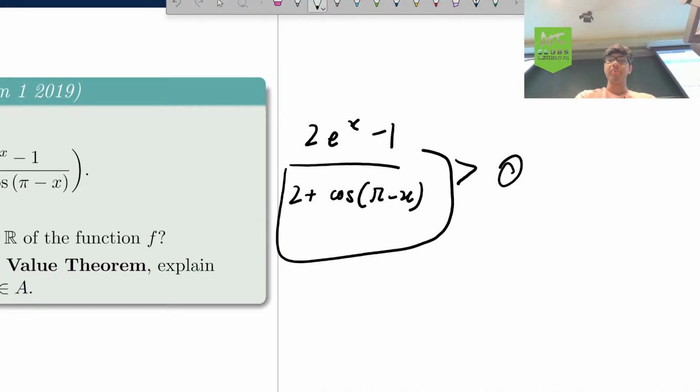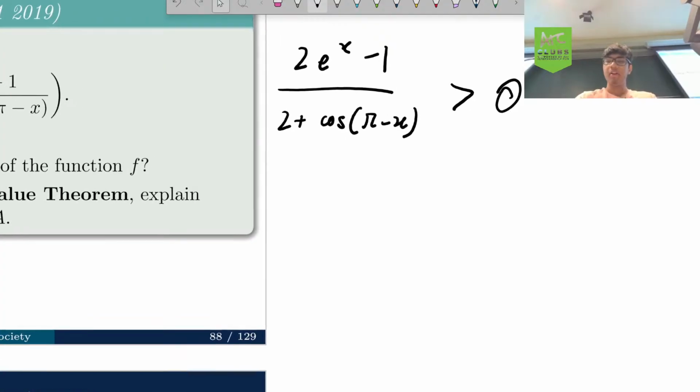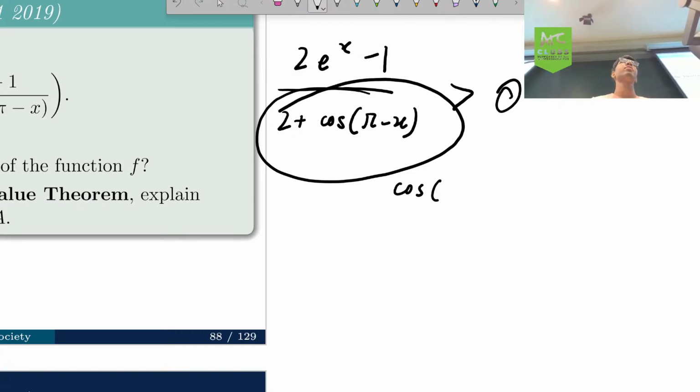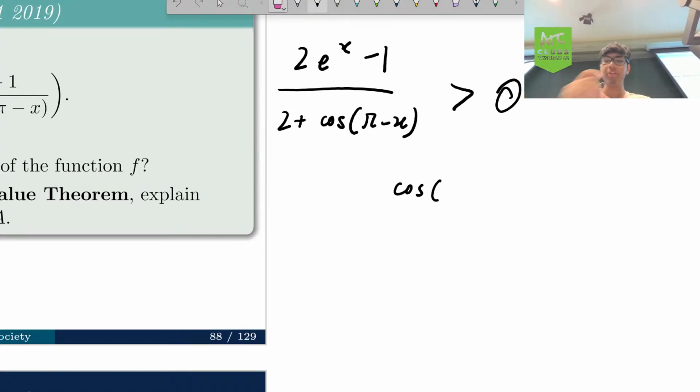So do I have to flip the sign here? Let's see. The only time I have to flip the sign is if this denominator was negative. So I'm really just trying to show whether this denominator is positive or negative. I know the cosine of pi minus x is somewhere between -1 and 1.